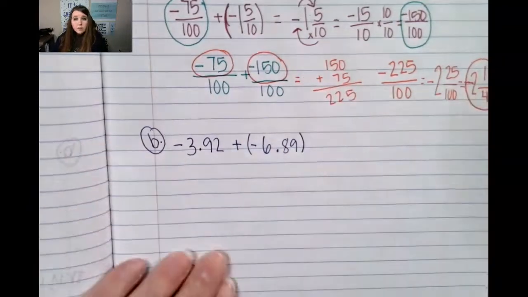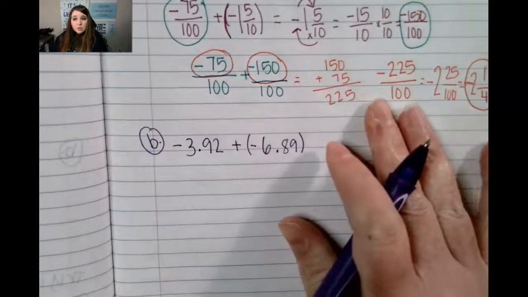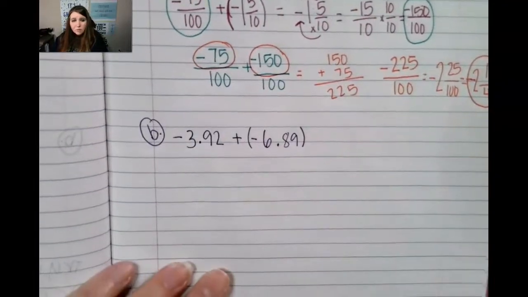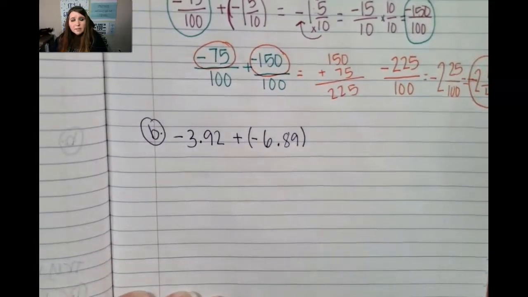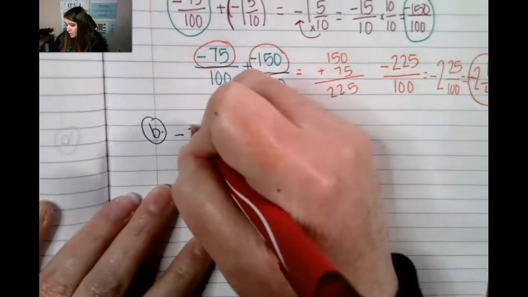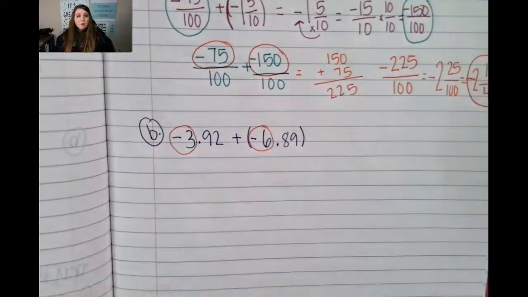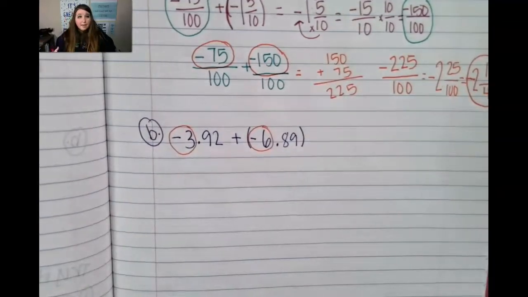Okay, here's another way that you can solve this problem. If you don't want to turn it into a fraction, you can always just line up the decimal points and add, because they both have the exact same sign. So because they're both a negative, you can add and know that you are getting more negatives.